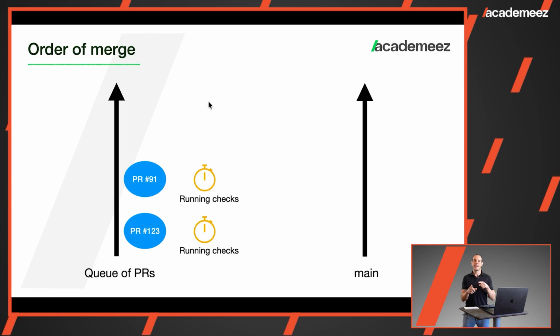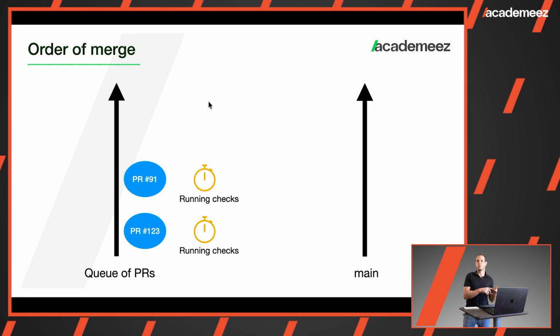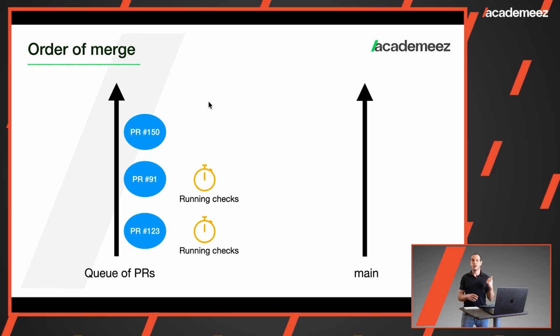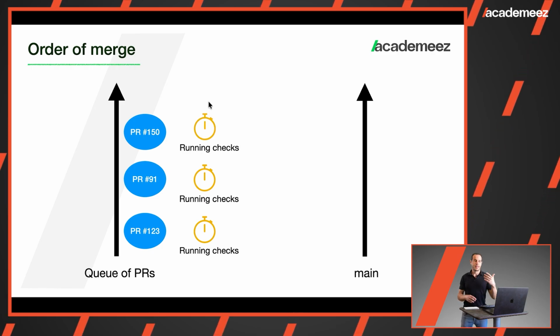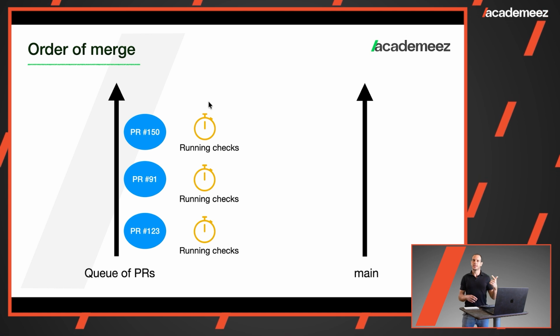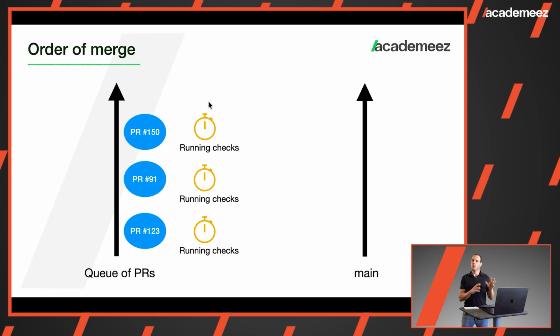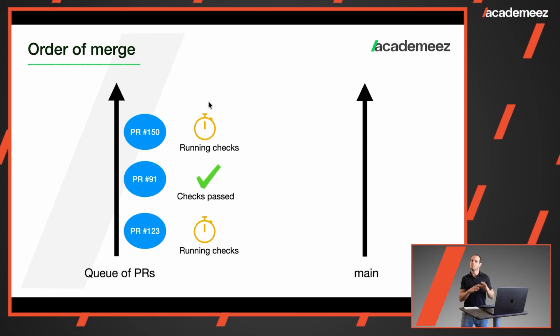So 91 does not have to wait for 123. So a third PR enters the queue while the other PRs are still running their checks, and again, the third PR is running the checks in parallel with the other PRs. Now, whether they run in parallel or not depends on the settings that we'll go over, the concurrency settings. But let's say we have more than 3, so they can run in parallel.